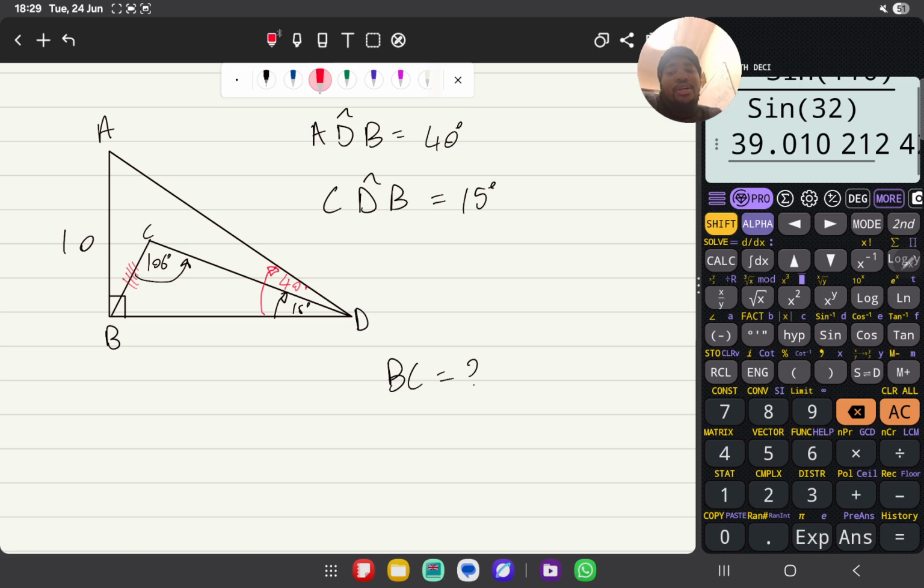So let us see, we have to think. I have angle ABD. No, I got that wrong. Sometimes when something is right there in front of your eyes, you still miss it.